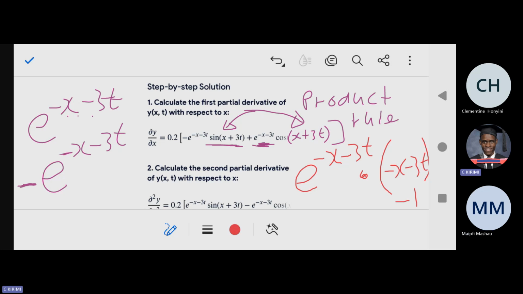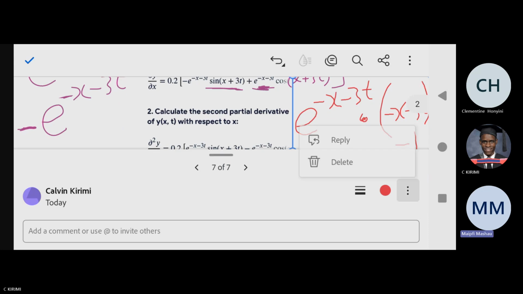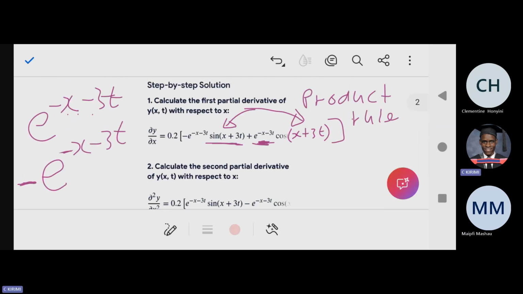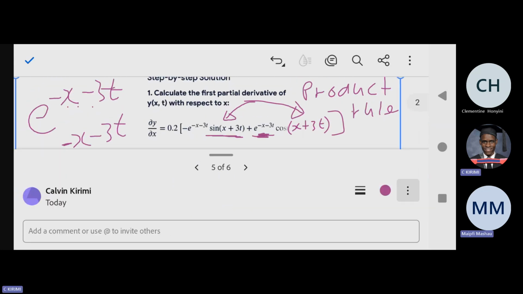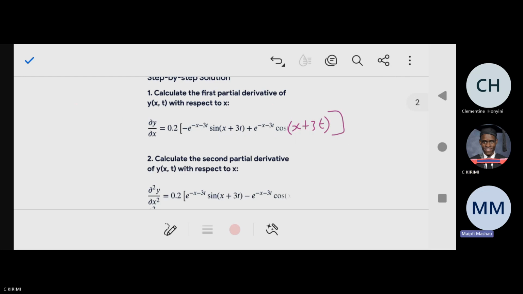You differentiate the second, keeping the first one constant. Plus, now you keep the first one constant, then you differentiate the second one. Now it's making sense. That's product rule, isn't it? When you are done there with your product rule, that is what your dy/dx looks like. We are agreeing, isn't it?